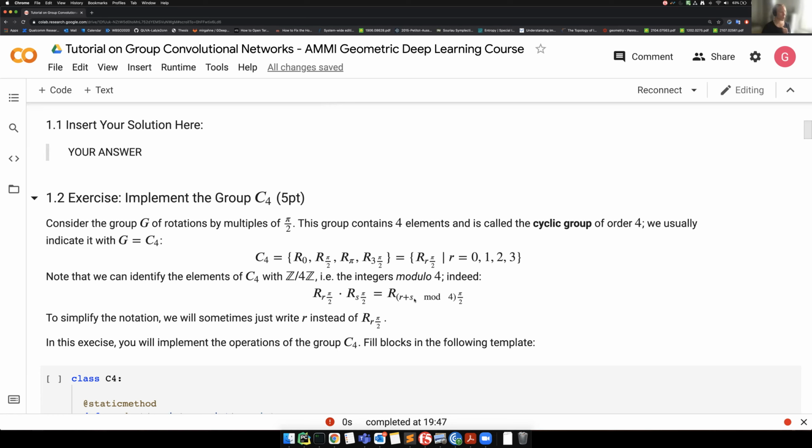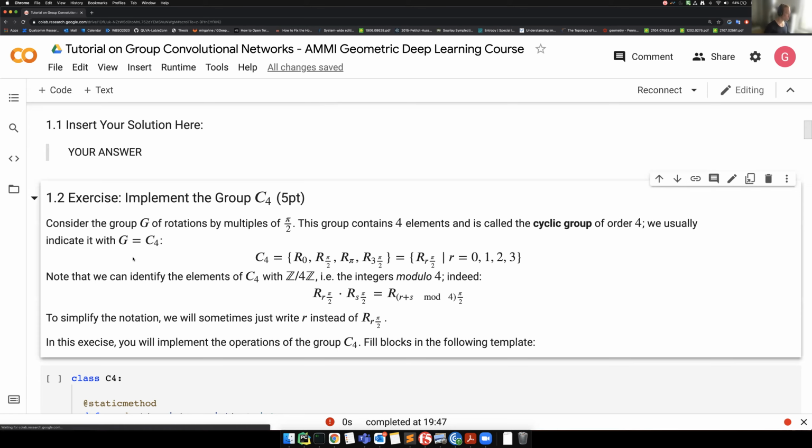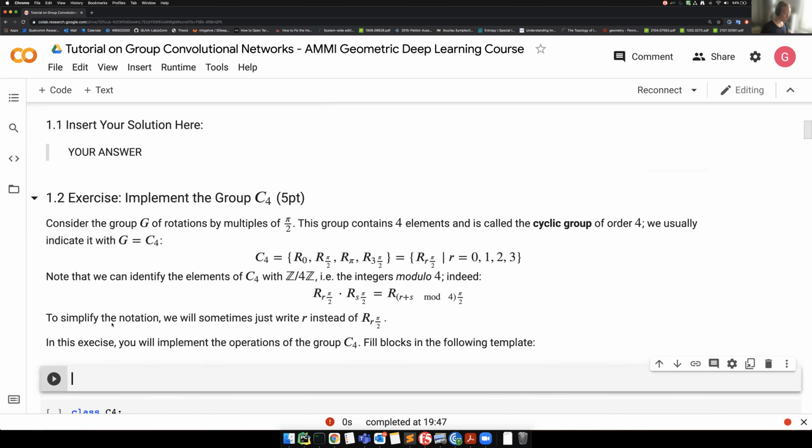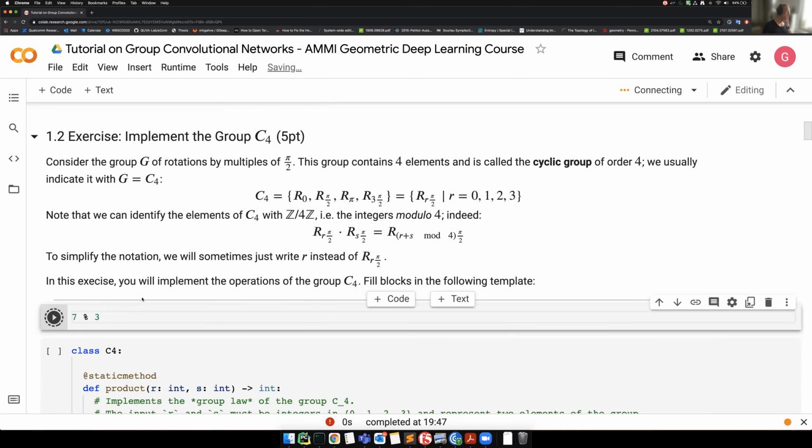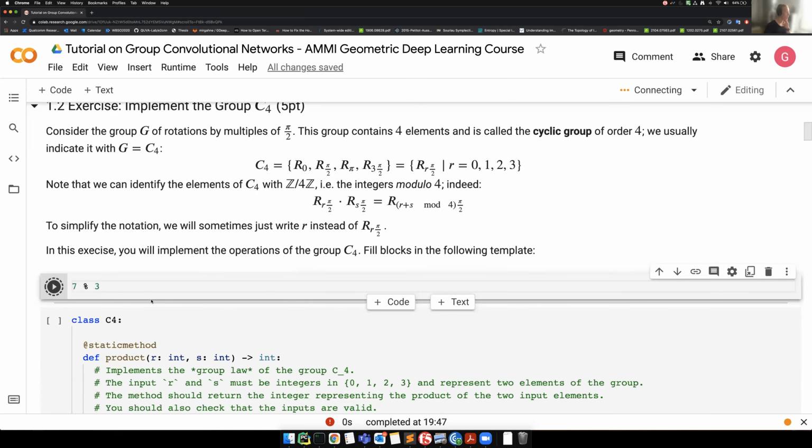Yeah, so modulo is what you have in Python with the percentage symbol. It gives you basically the remainder. So let me see. If you have 7 modulo 3, it's going to take a while to run.